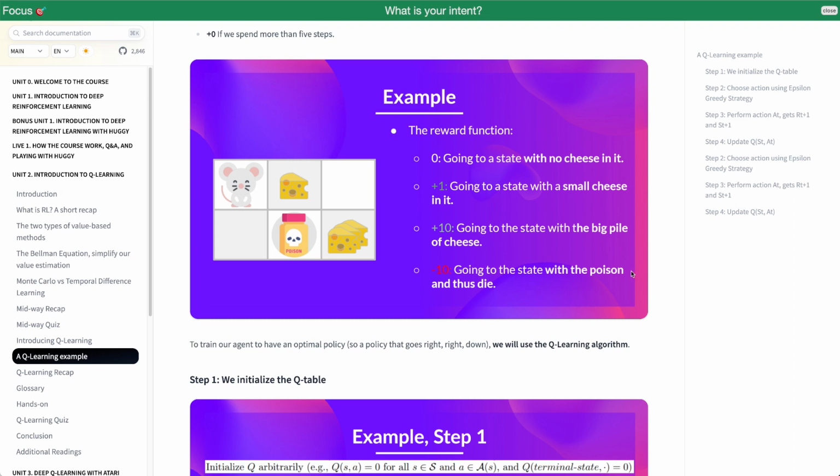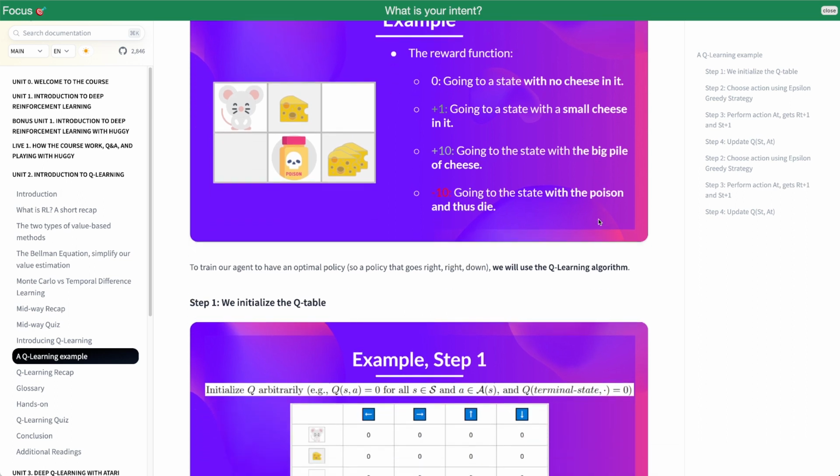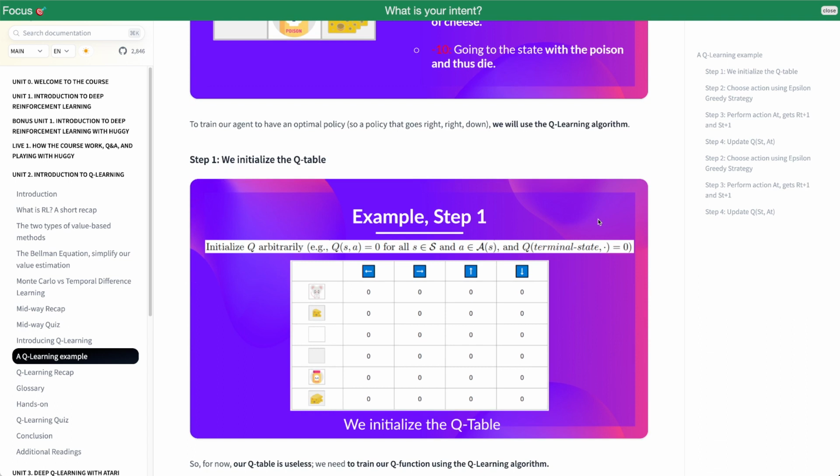Okay, so we train our agent to have an optimal policy, a policy that goes right, down. We will use the Q-learning algorithm. So we initialize this Q table, right? The Q table is specifically a state action pair related table.